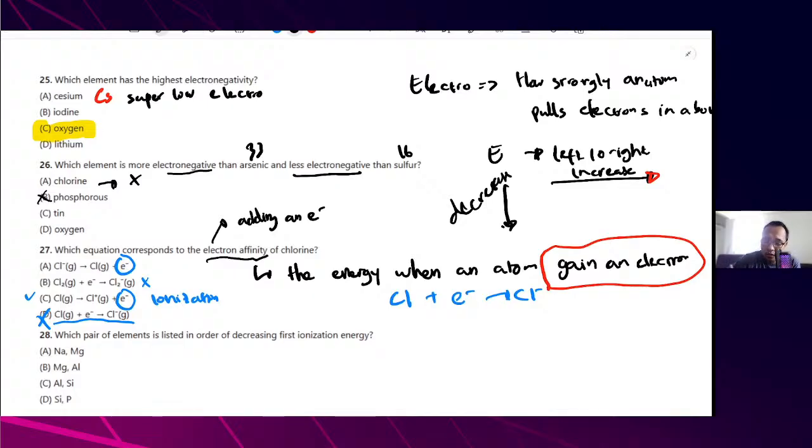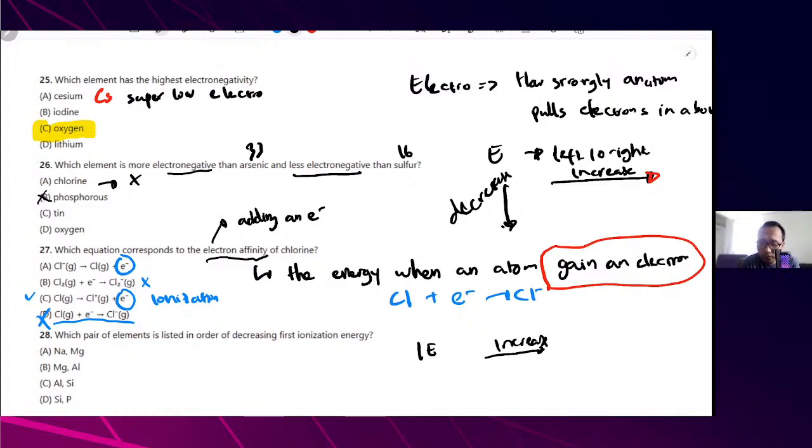Just like electronegativity, ionization energy will be increasing if we go to the right.